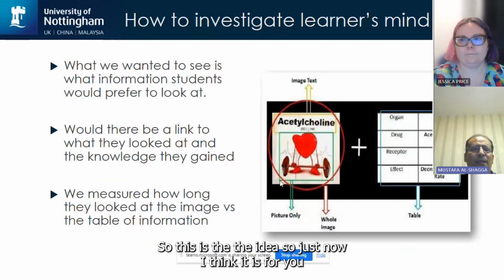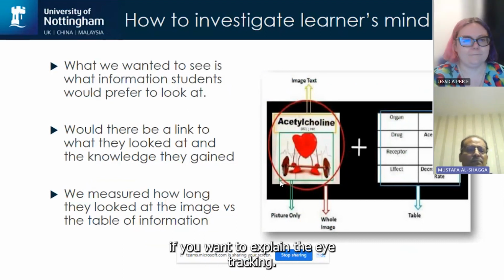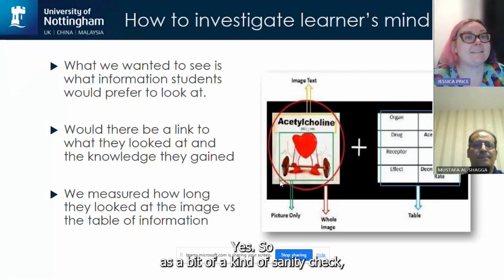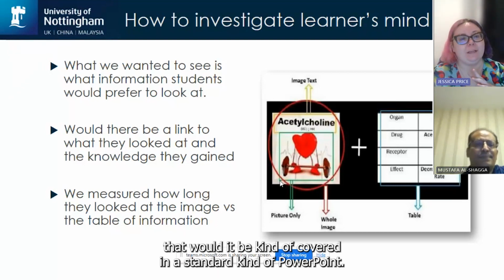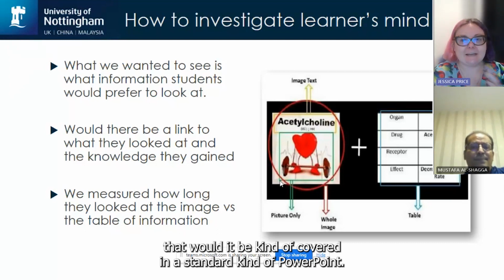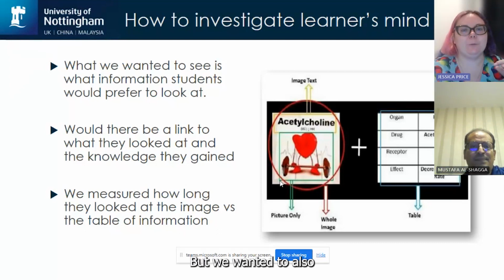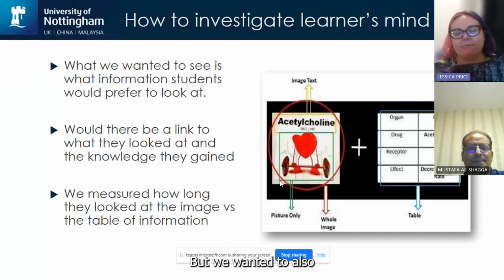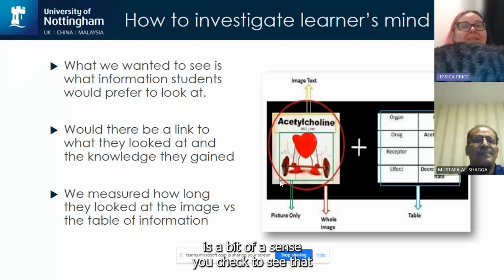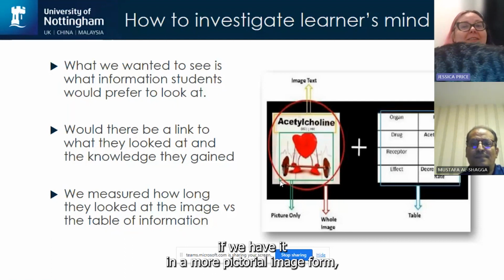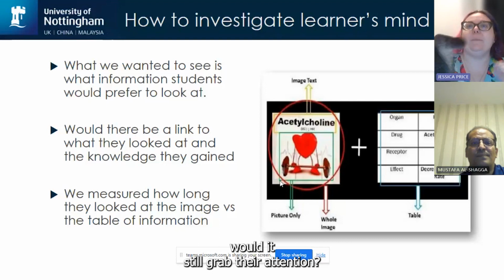So just now, I think it is for you if you want to explain the eye tracking. Yeah, so as a bit of a sanity check, we wanted to check the information that would have been covered in a standard PowerPoint, but in a more pictorial image form, and see whether it would still grab their attention.